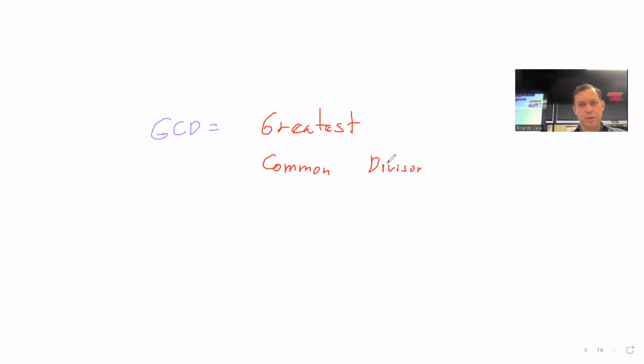Sometimes maybe you learned it as greatest common factor or highest common factor. That might have been how you saw it. So for the greatest common divisor, let's give a definition. It's basically the largest positive integer that divides each of two numbers, okay? So that's going to be the function.